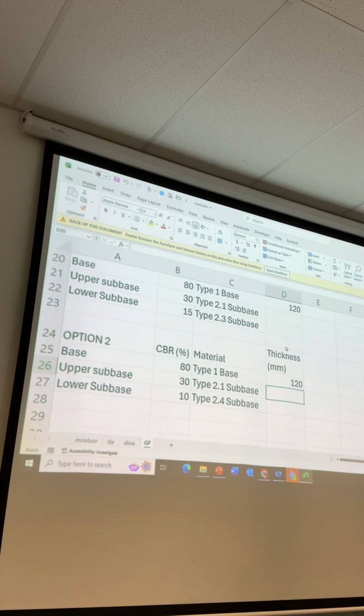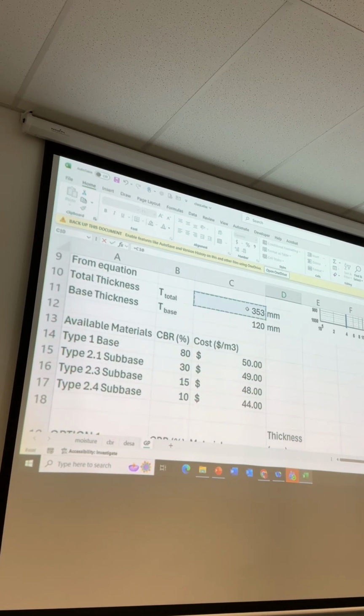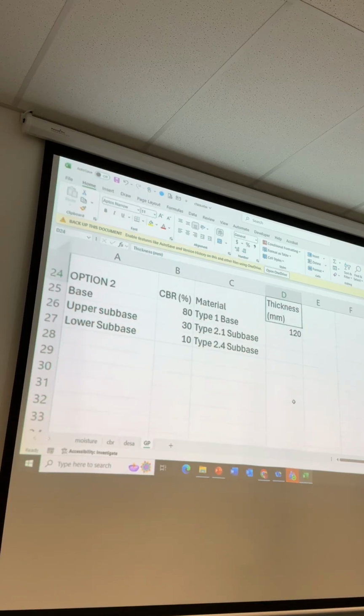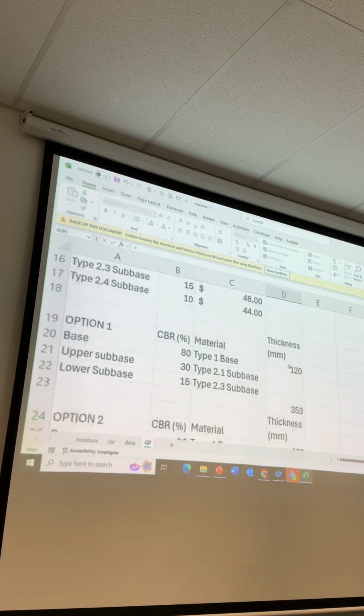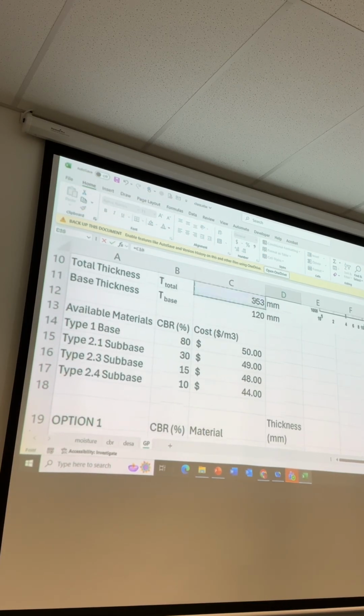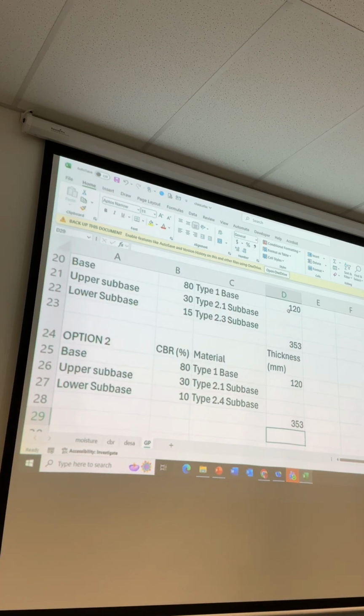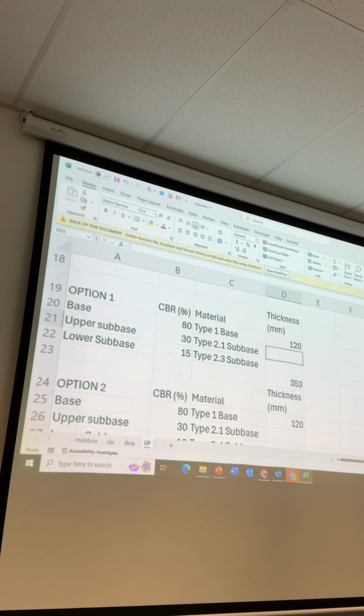I know that my total thickness is going to be 353. I'm going to put it down here because I know that all of these should sum up 353, right? So how much should be this thickness if I'm using a lower subbase of 15%? 100.